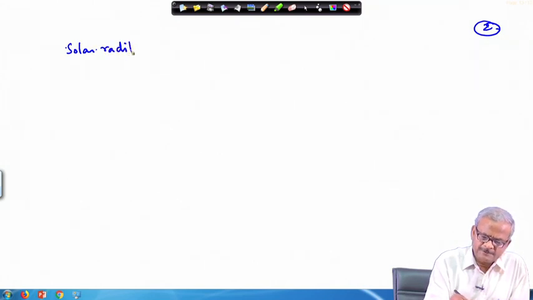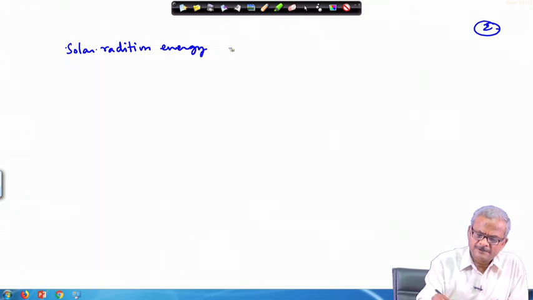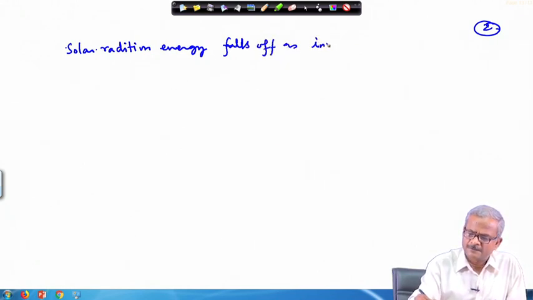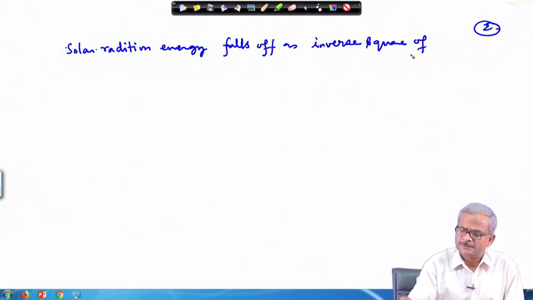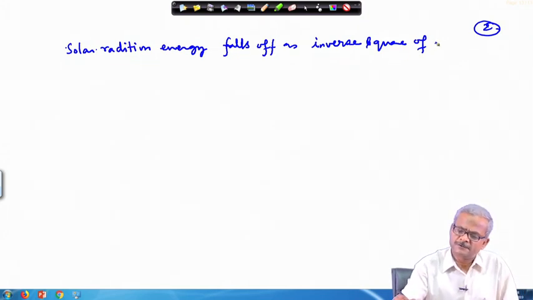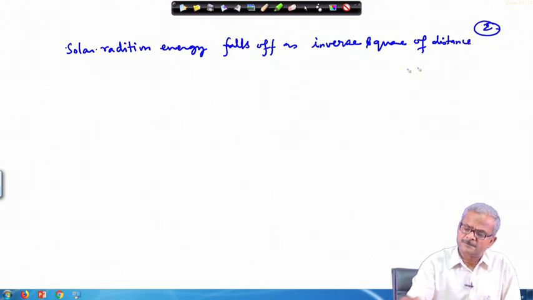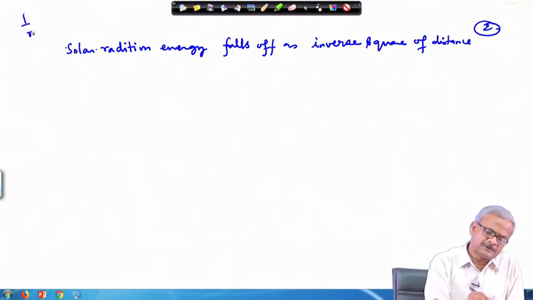So, solar radiation energy falls off as the inverse square of the distance, which means 1 by r square.